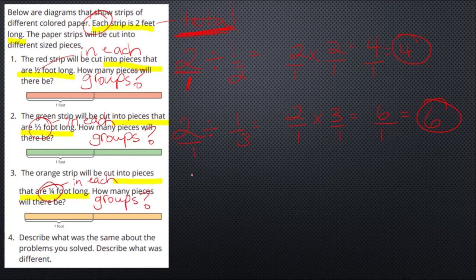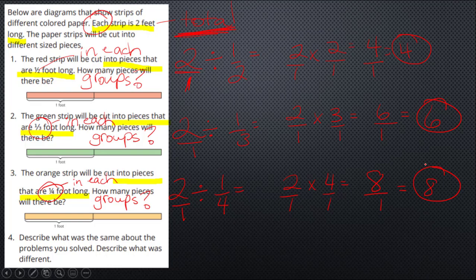So we've been given a total, so we know we're still dividing. 2 divided by 1/4. Put your 1 under the 2. Change to multiplication. Flip the second fraction. 2 times 4 is 8. 1 times 1 is 1. That gives me 8 groups for number 3.